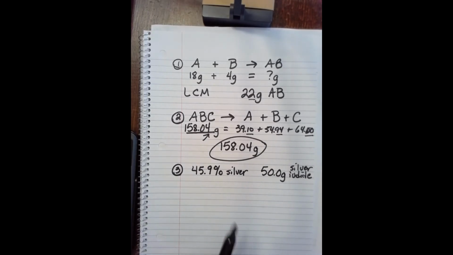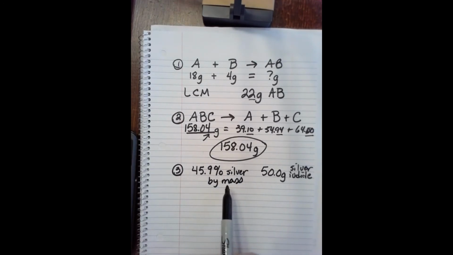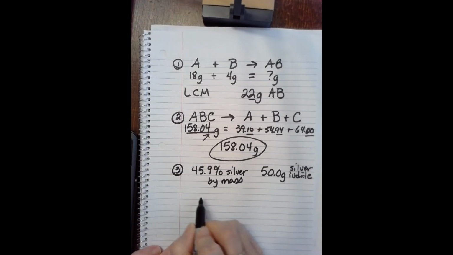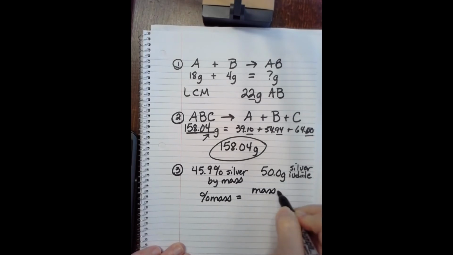So now let's think about what this percent by mass tells us, okay? When we have a percent by mass, we know that every sample, regardless of the size, has this much silver in it. So let's think about this. Our percent mass is equal to mass of the element divided by mass of the compound.